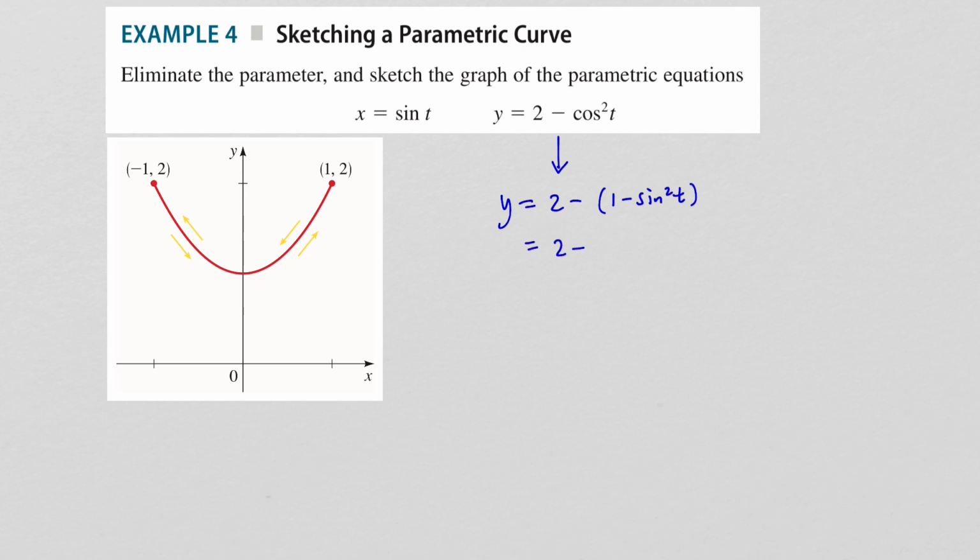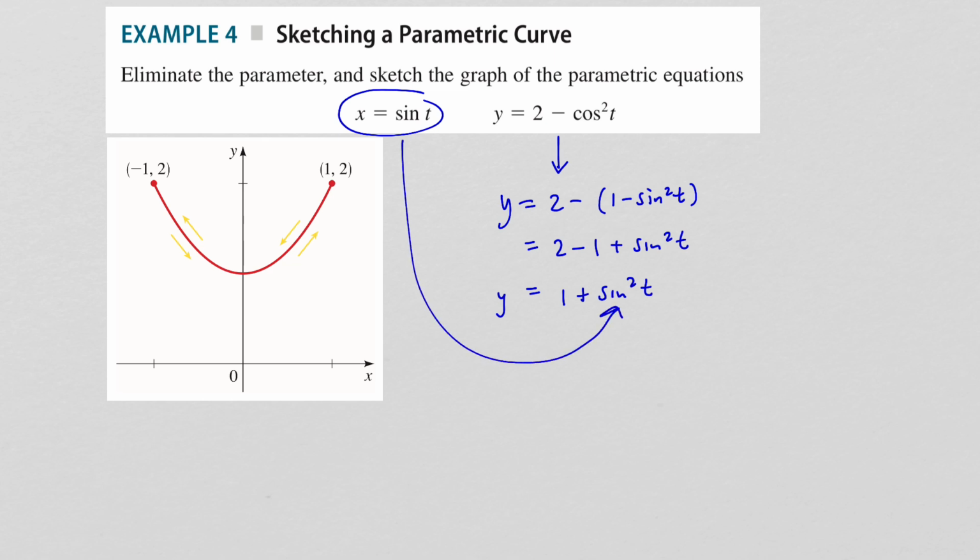This is going to be 2 minus 1 plus sine squared, which is equal to 1 plus sine squared. So we have y equals 1 plus sine squared, and then we know that x is sine of t. So we can replace sine of t with x here, and we get y is equal to 1 plus x squared, or more commonly, we would simply write this as y equals x squared plus 1.